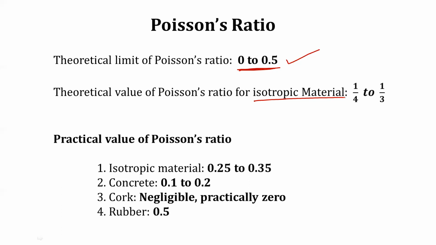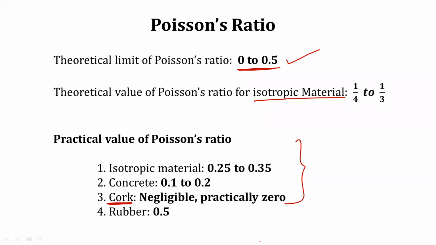But experimentally, for isotropic material it is 0.25 to 0.35. For concrete, 0.1 to 0.2. For cork, practically the material has a value of 0.